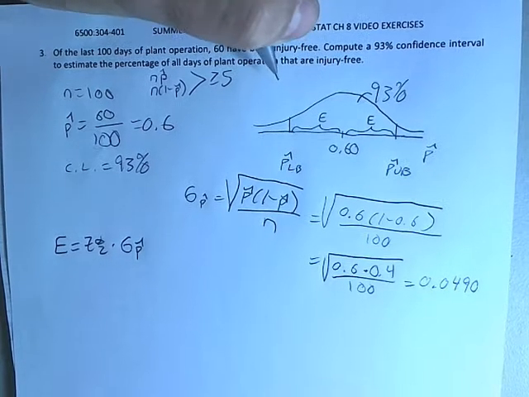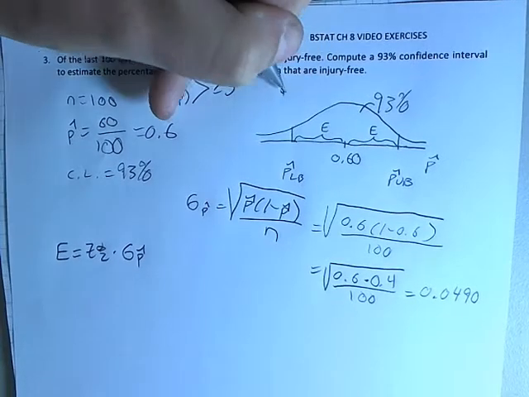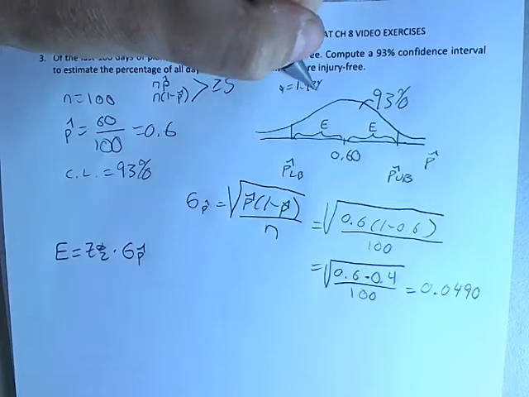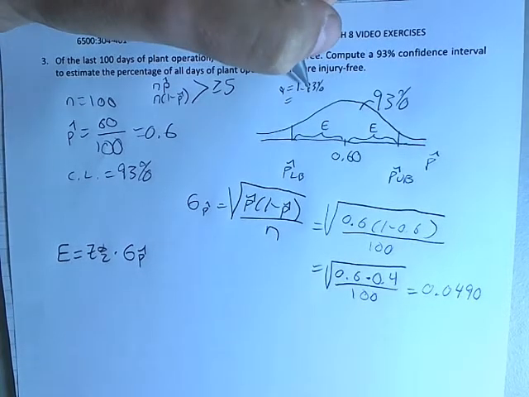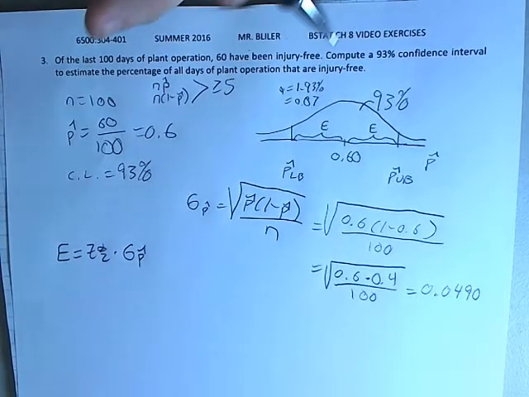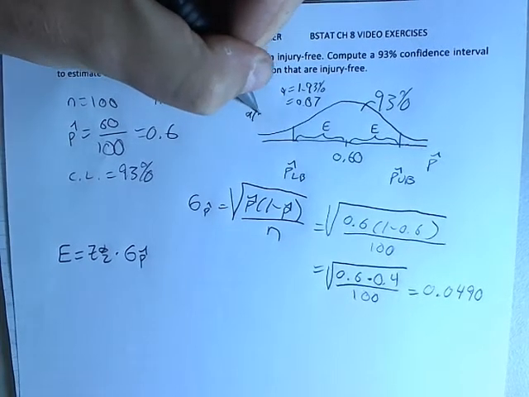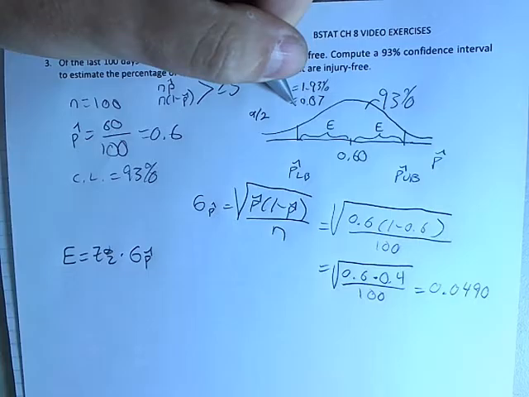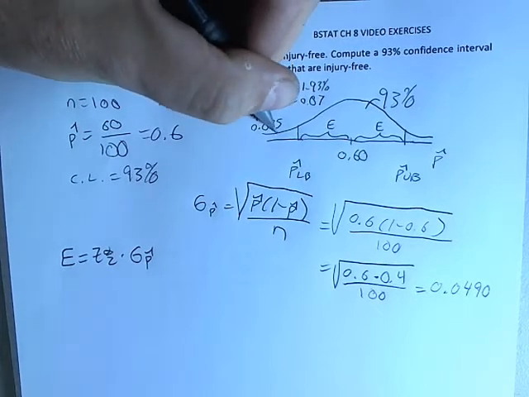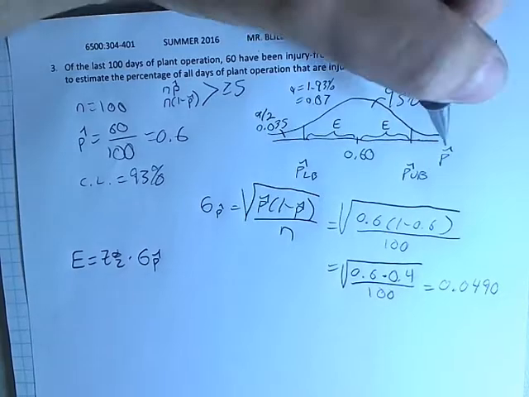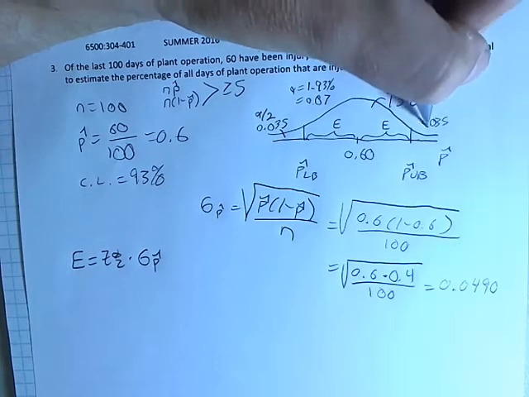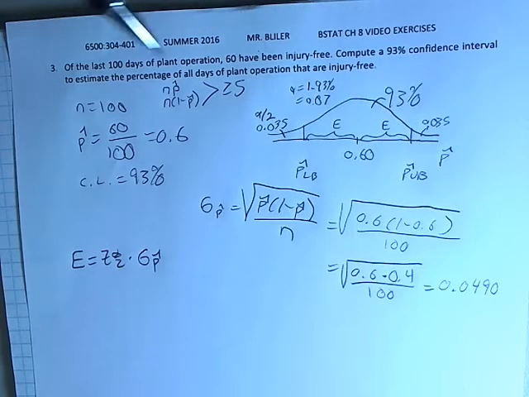First step is compute the appropriate alpha, and that is going to be the complement of our confidence interval width. So 93% from 100% gives us an alpha of 7%. Next step in finding z alpha half is to split that whole alpha into two. So 3.5% of the alpha falls in this tail, and correspondingly 3.5% of the alpha falls in this tail.